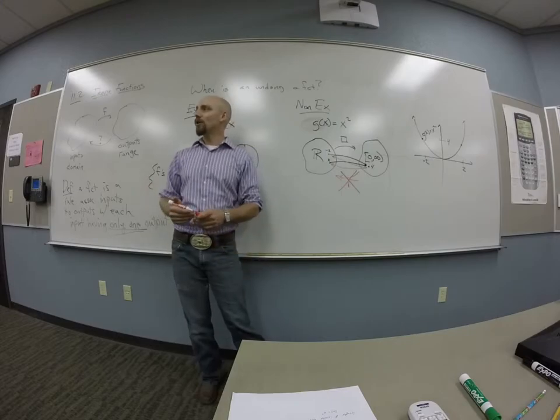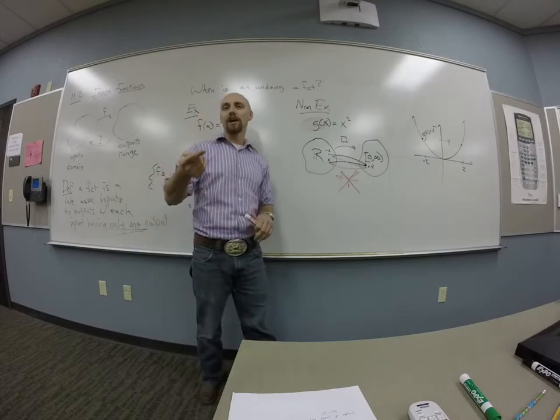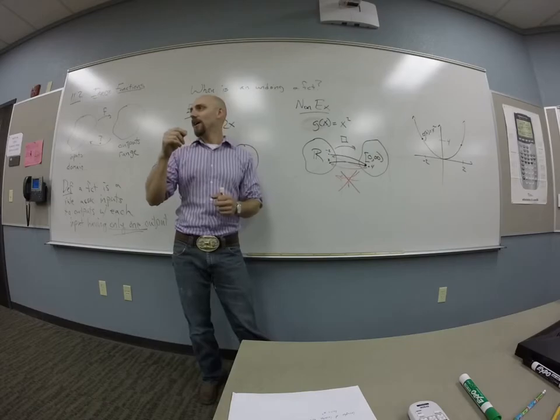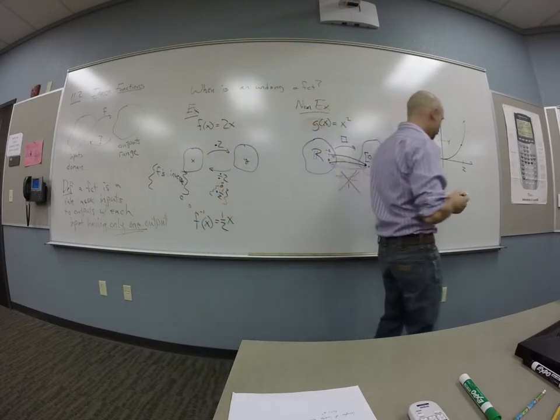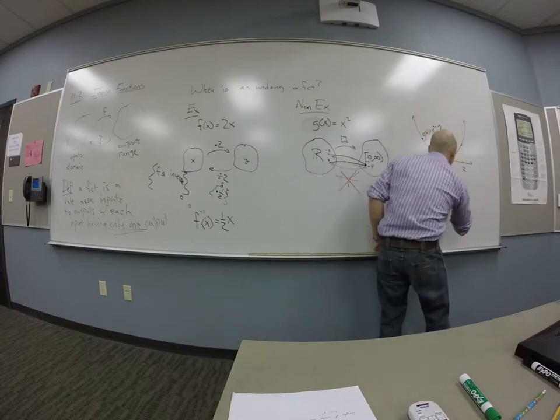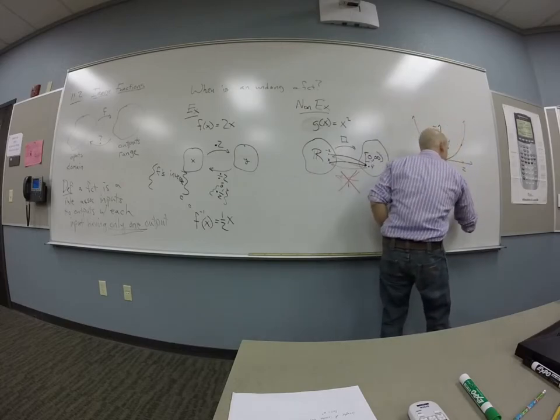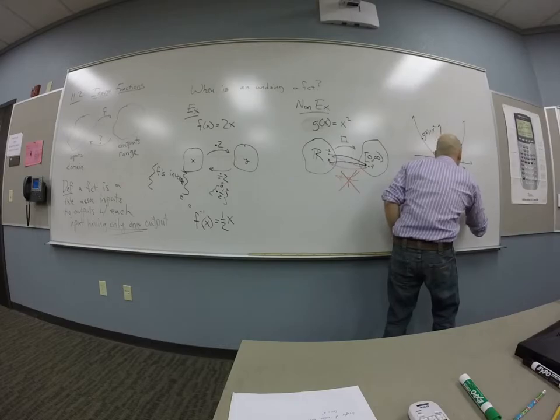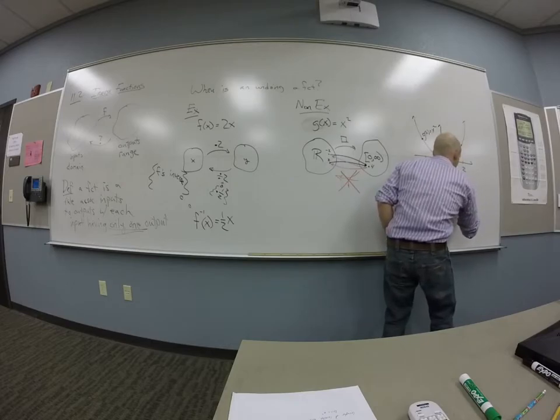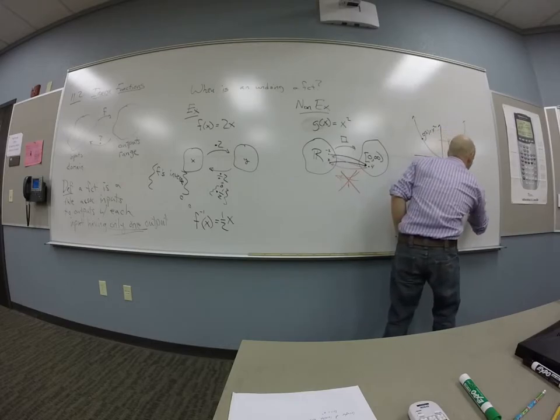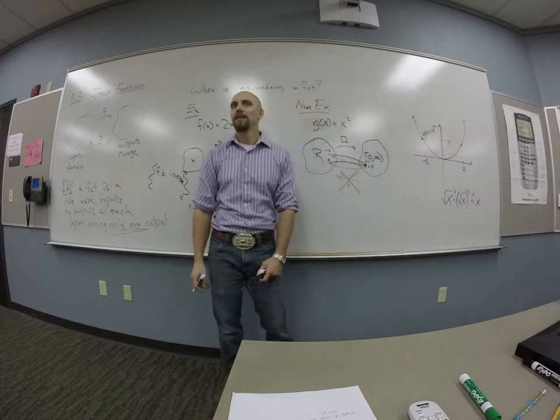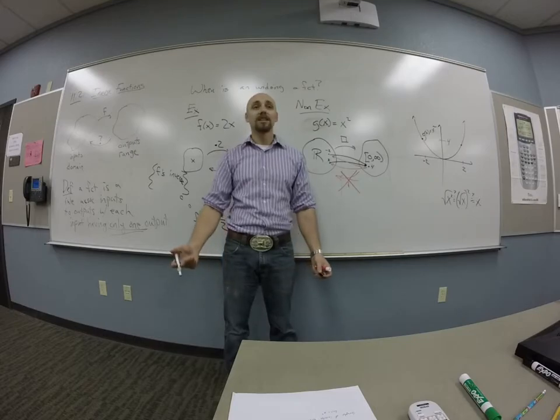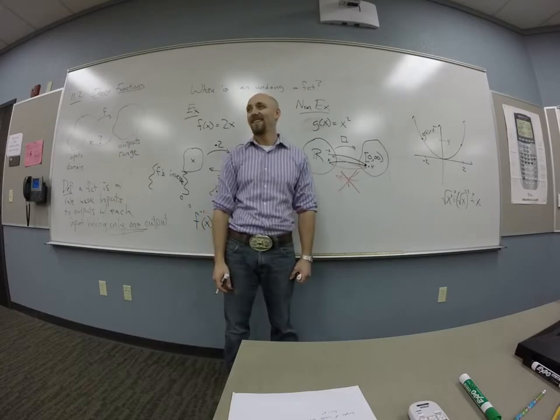Remember we had all that trouble trying to sort out what the square root of x squared was? Remember these guys? We had the square root of x squared, and we wondered, were all these things the same? They're not the same, remember?